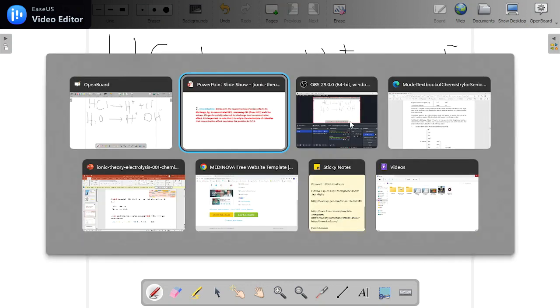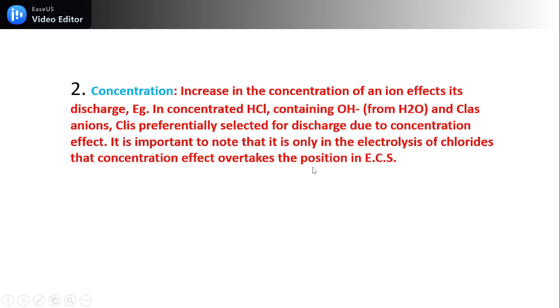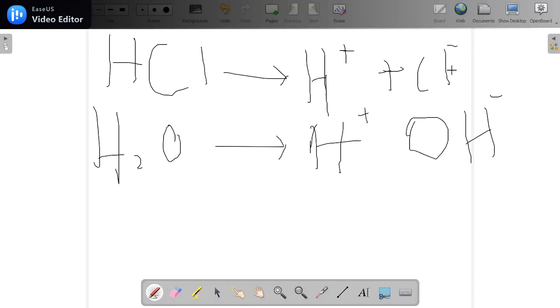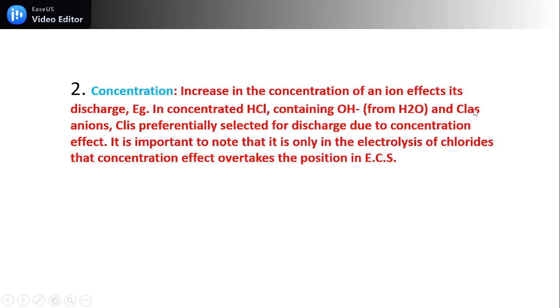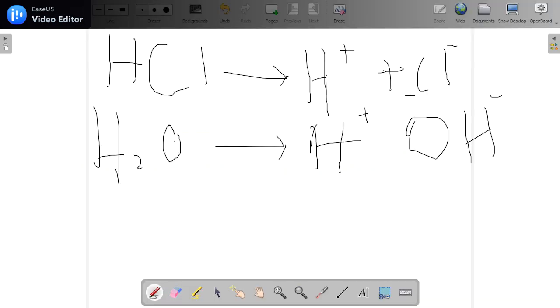So what's the statement here? An increase in the concentration of an ion affects its discharge, right? For example, concentrated HCl containing OH minus from H2O and Cl minus ions. So it's telling us the anions that will be contained in the electrolysis of hydrogen chloride.